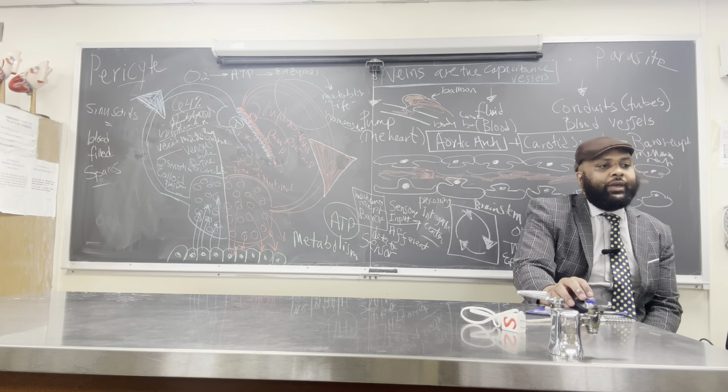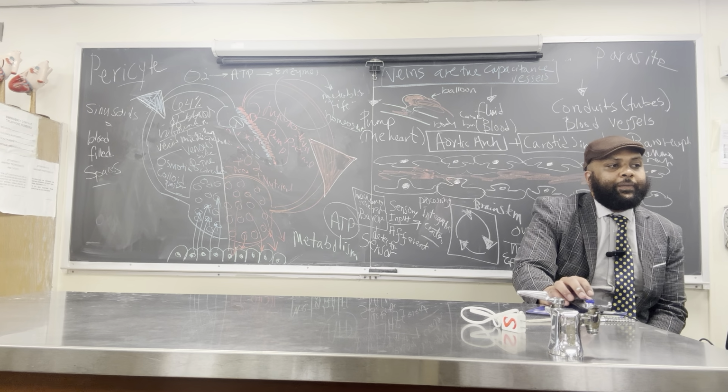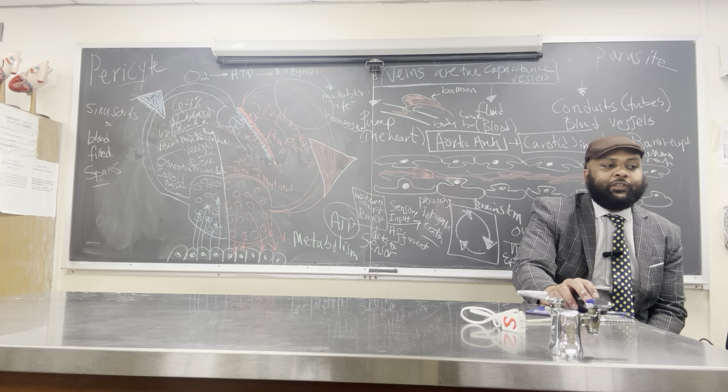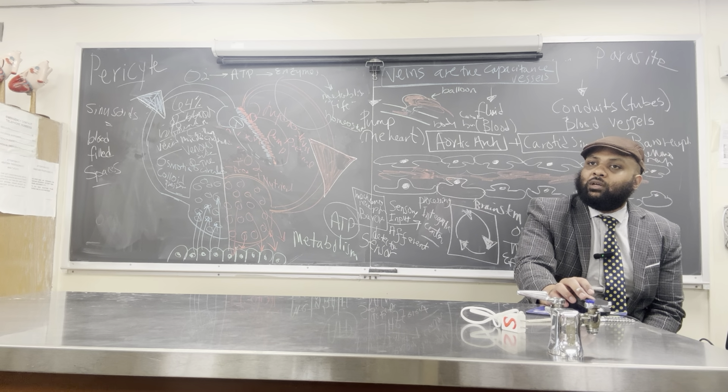So if you examine here, the typical blood distribution in a resting adult is, you see 64% of the blood is found where? In the veins.